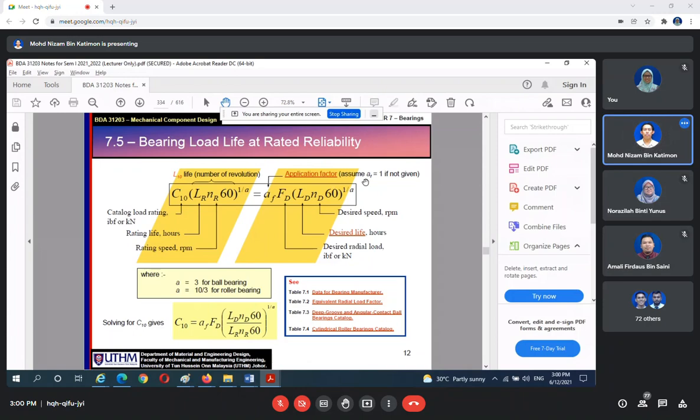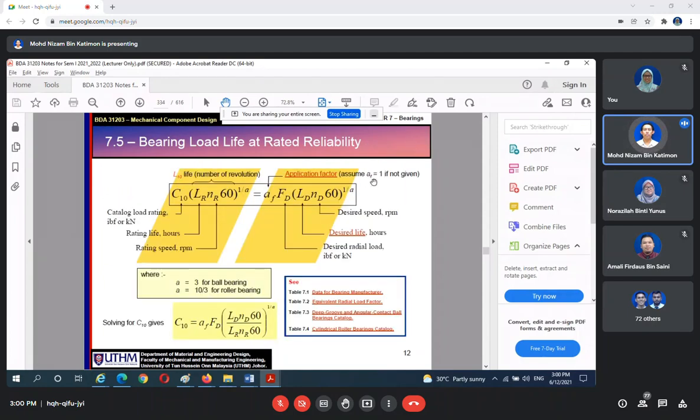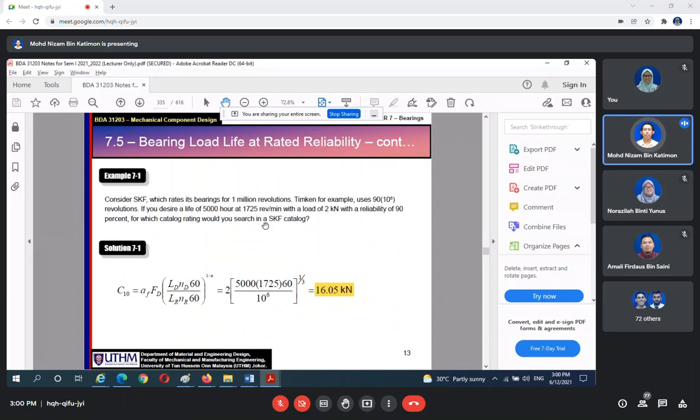The application factor in this example is not given, so assume A equal to 1 if not given. And then the desired load is 2 kilonewton.